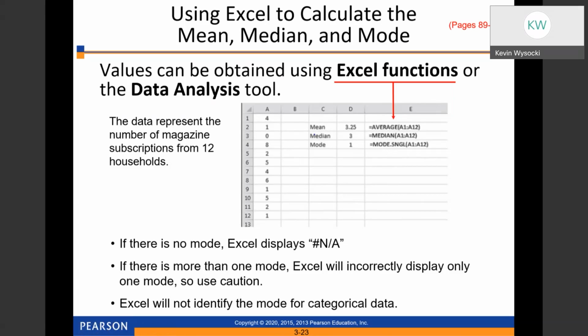If there's more than one mode, it'll only find one of them. So if you're doing a MyLab question, make sure that you don't rely on that. Actually look at the data, and we'll show you how to sort it so you can identify it easily. And Excel will not identify the mode for categorical data, so it has to be a number value.